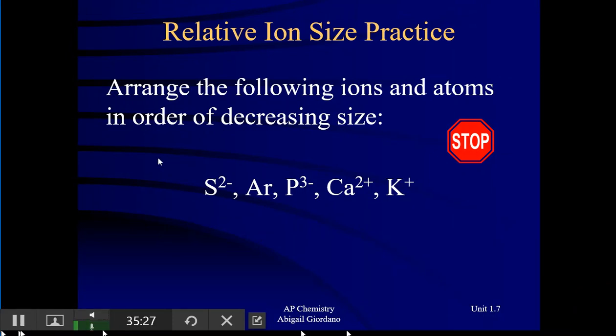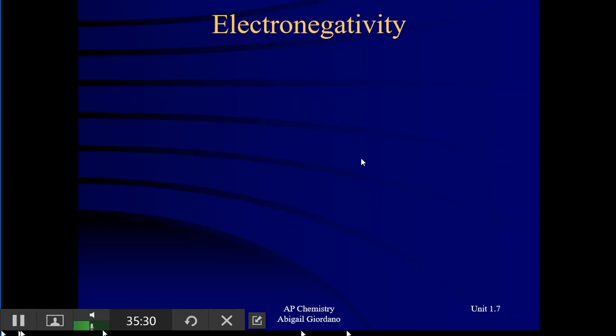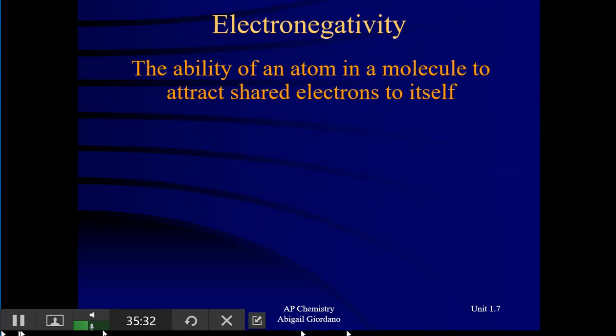All right, we are just about done here, almost. Okay, let's talk electronegativity. This is our third trend on the periodic table. Let me refresh your memory on what that term means. The ability of an atom in a molecule to attract shared electrons to itself.